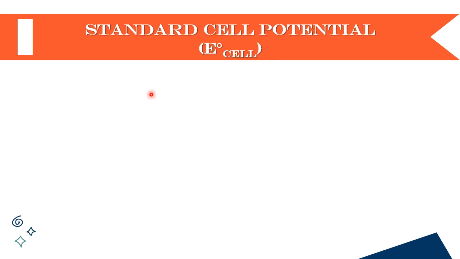Now the next one. We're going to discuss standard cell potential. For standard cell potential, we label it as E0 cell. So what's the difference between E0 half cell and E0 cell? The name itself shows you the difference. If you can recall your galvanic cell or voltaic cell, let me scribble a bit.